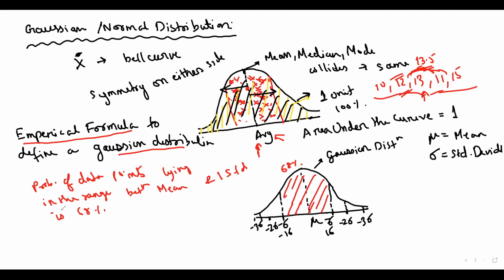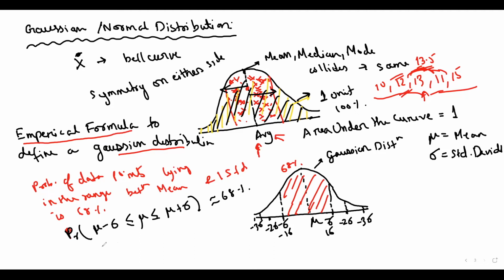Okay. The second thing is, we can also write it in this way, probability, let me change the color. Probability of data points, right? So between this, 68%. So probability of the data points falling under this particular area is 68%.